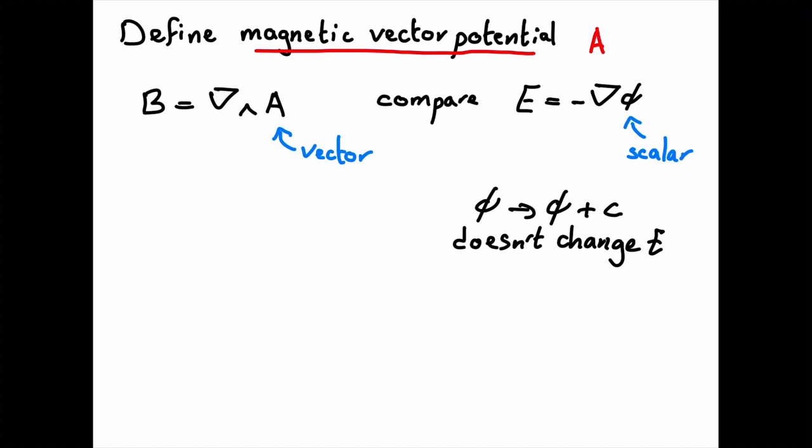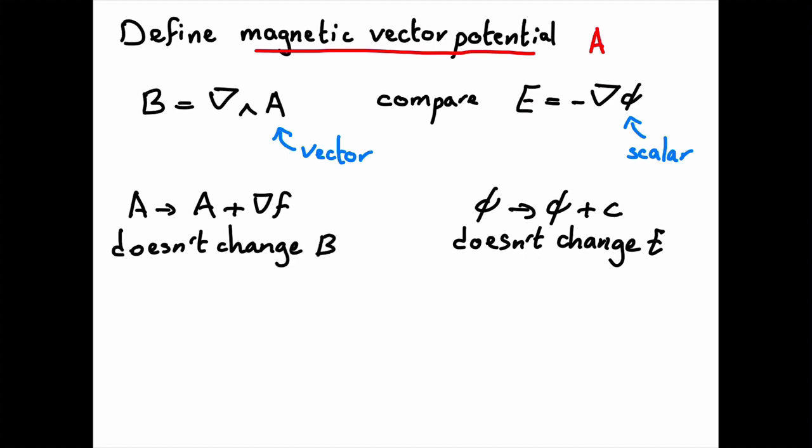Well, I can replace A with A plus grad F, okay, and this doesn't change B. Okay. Now, why is that the case? Well, you need to recall, and we did prove this with Simon Benjamin, that if I take the curl of a gradient function, this gives me 0. Okay, so a gradient function has no rotation. So its curl is 0.